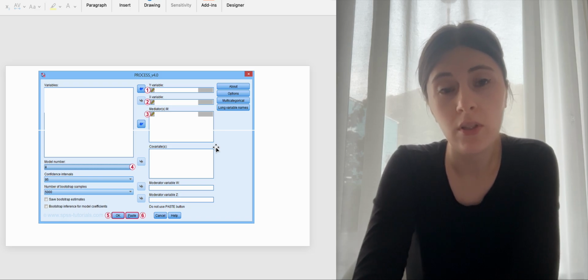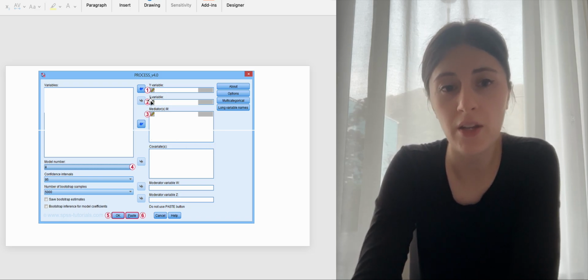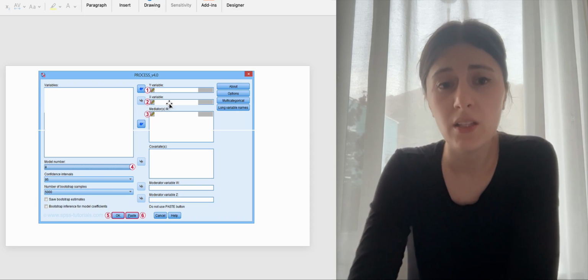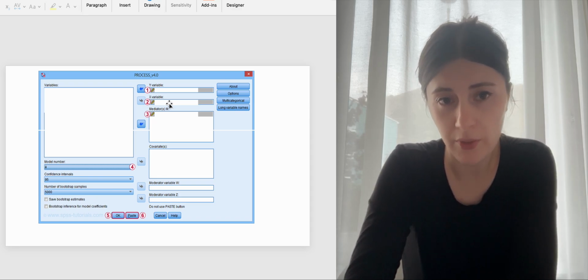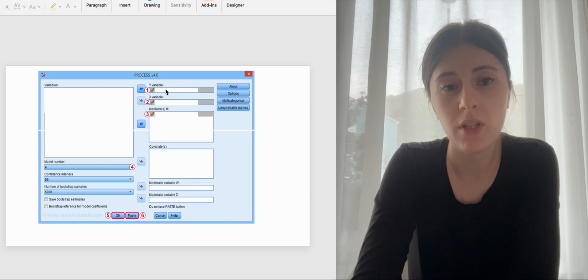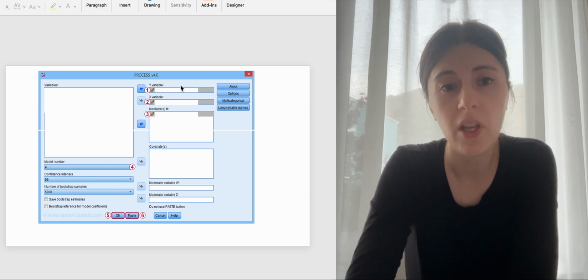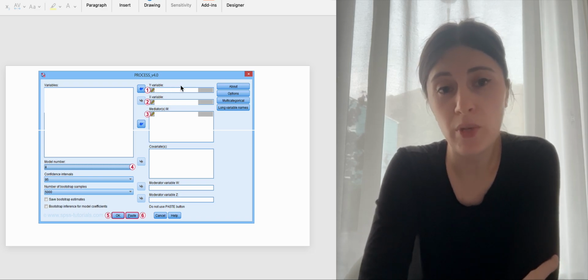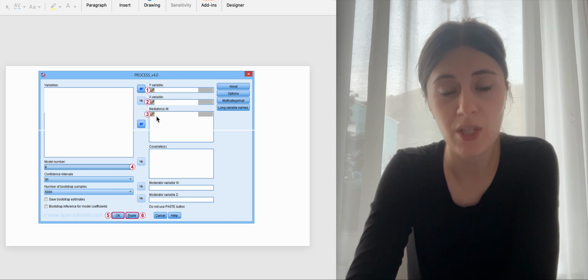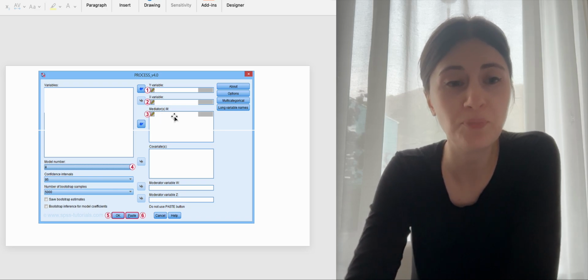In our model, death salience is the independent variable, so we'll put it here as the X variable. Anxiety is our dependent variable, so we put it here as the Y variable. And finally, belief in God is our mediator, so we put it here in the mediator field.